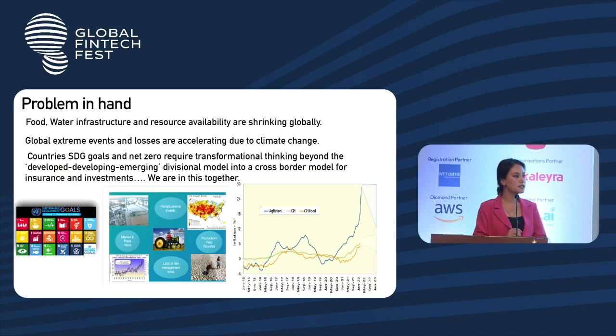Countries have already issued and are practicing sustainable development goals, but we need to think higher than that. We need to change our thinking from developing, emerging model to cross-border model where investment and insurance can be taken.